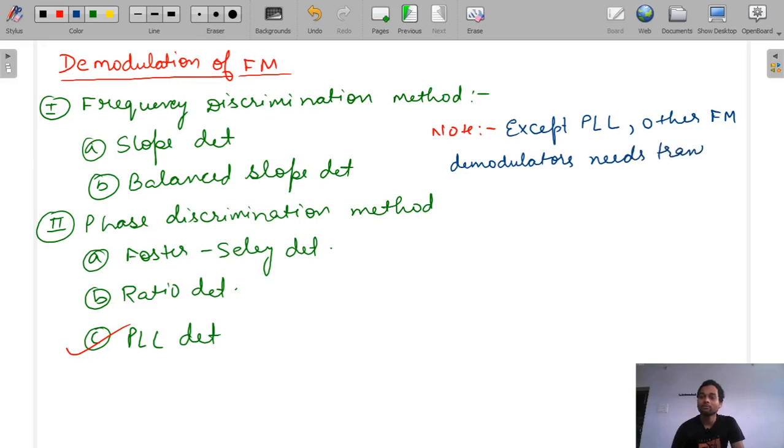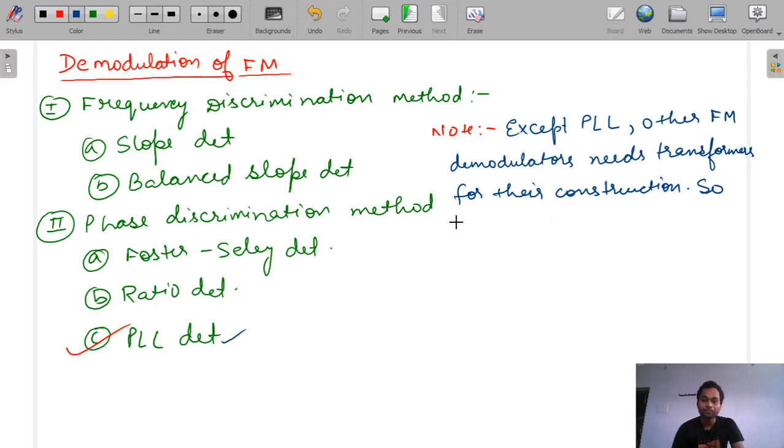PLL के अलावा दूसरा जितना भी demodulator है उसको transformer चाहिए. And the use of transformer is for their construction. Use of a transformer is very disadvantageous because if you are using a transformer, then the transformer is bulky and costly. So we will use PLL because it does not require a transformer.